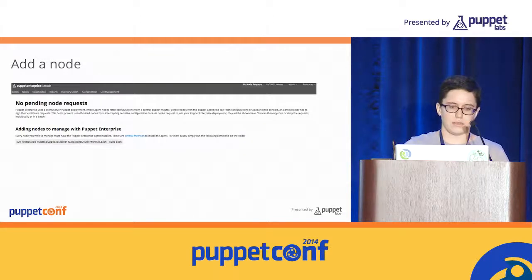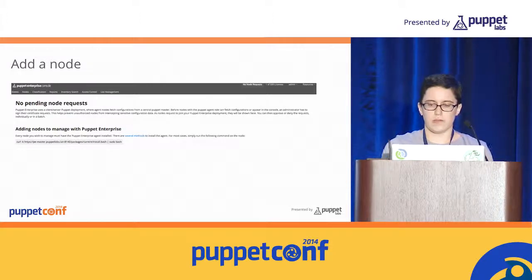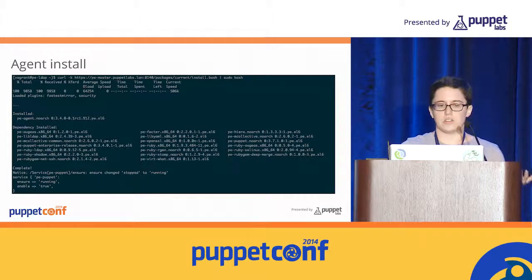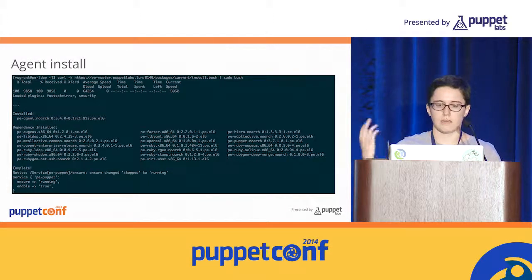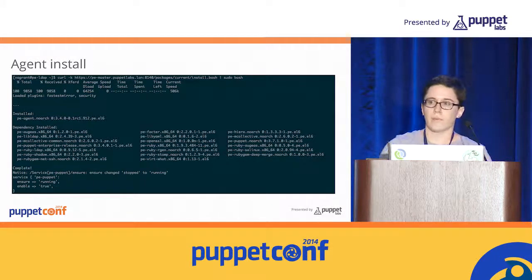So I have this command here, and I will use that and run this on my agent. This is the agent install. And so it basically goes out, it downloads some packages, it downloads the agent package as well as all of the other packages that it needs to run, and then it starts the Puppet service.